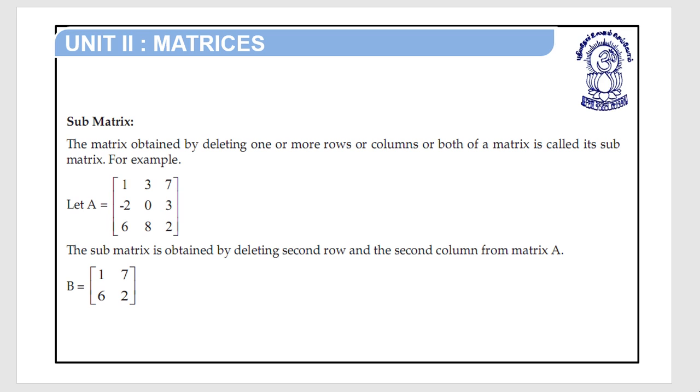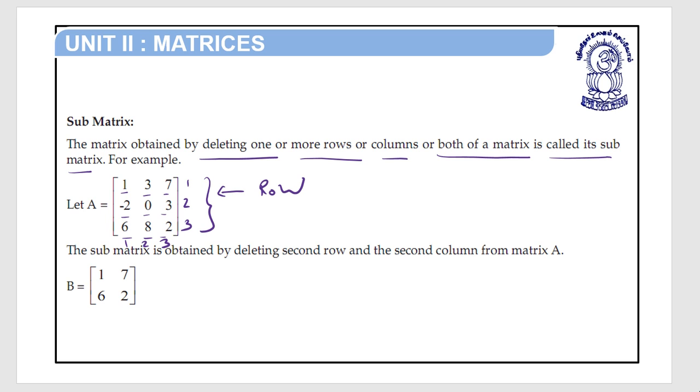Submatrix. The matrix obtained by deleting one or more rows or columns or both of a matrix is called its submatrix. For example, A is equal to 1 3 7, minus 2 0 3, and 6 8 2. The submatrix is obtained by deleting the second row and the second column from matrix A. Here 1 2 3 represent rows and 1 2 3 represent columns.